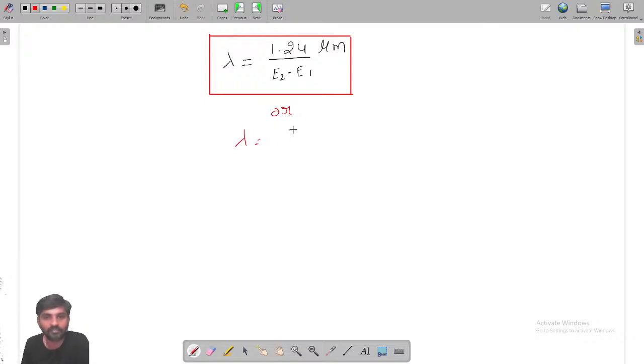Lambda, the wavelength, is equal to 12400 by E2 minus E1.